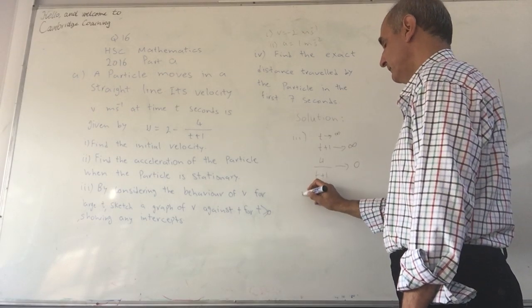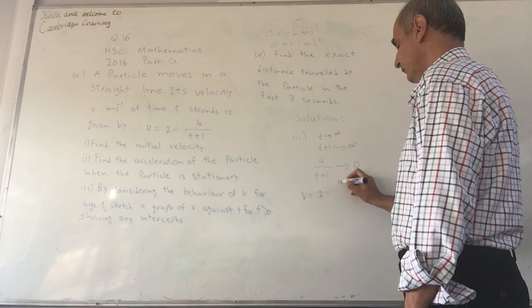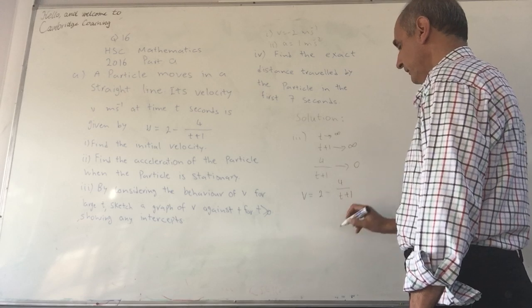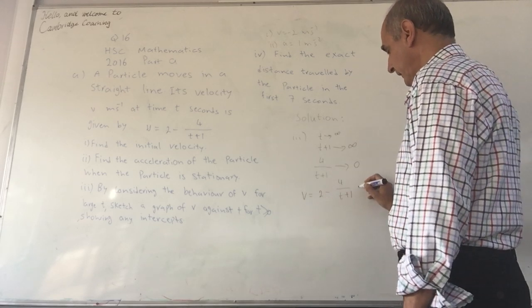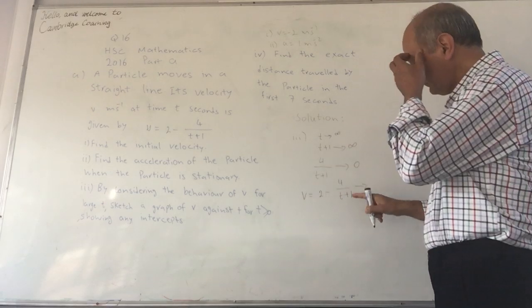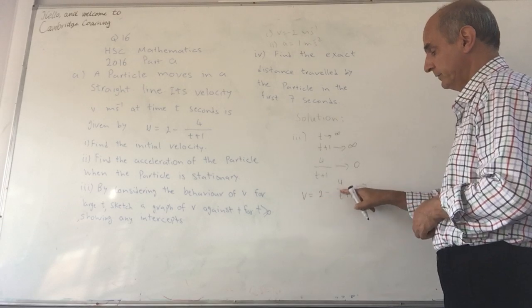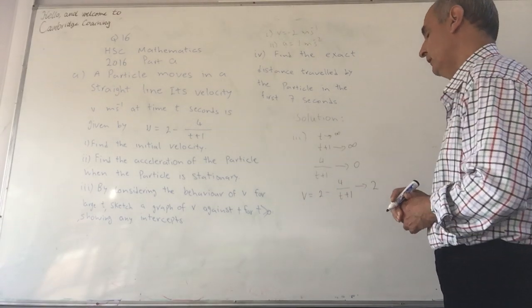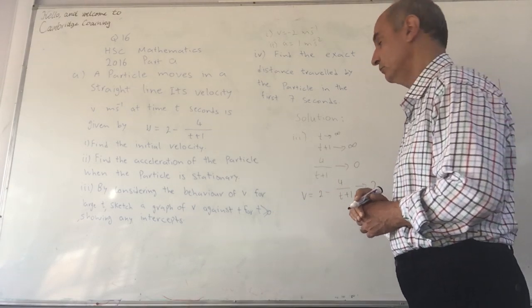So V equal to 2 minus 4 over t plus 1, when time goes to infinity, will approach 2 minus 0, which is 2. So your limiting velocity is 2.